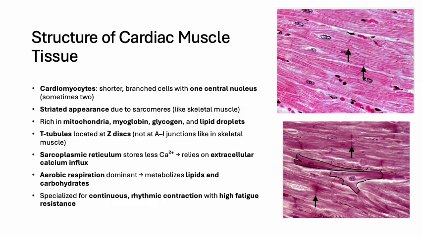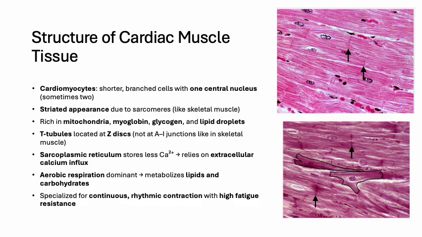Now let's talk about some of the differences from skeletal muscle. The T-tubules, which help propagate electrical signals into the interior of the cell, are located at the Z-discs in cardiac muscle, rather than at the A-I junction as in skeletal muscle. Also, the sarcoplasmic reticulum in cardiac muscle is relatively underdeveloped.